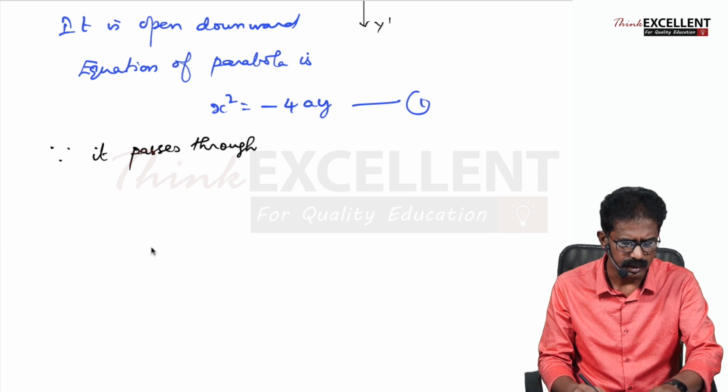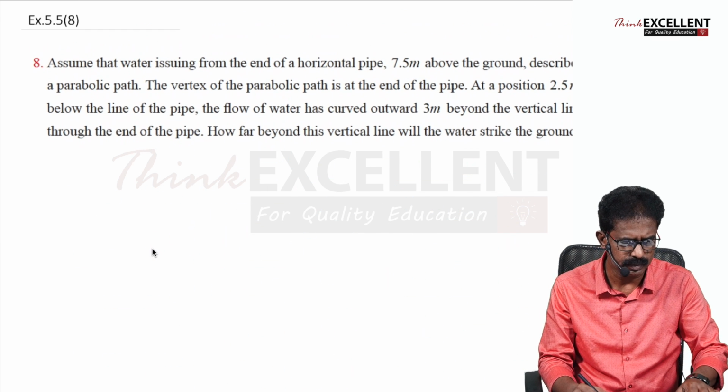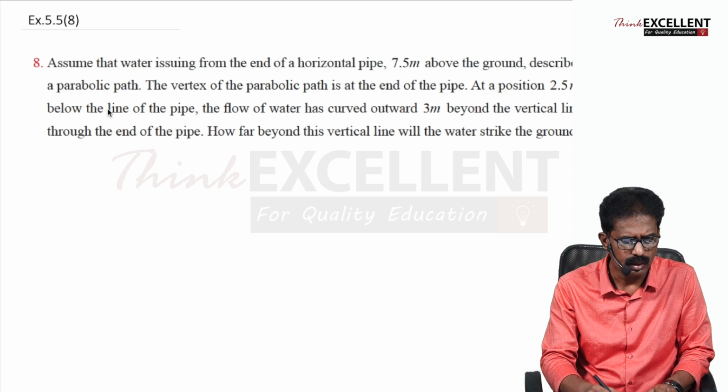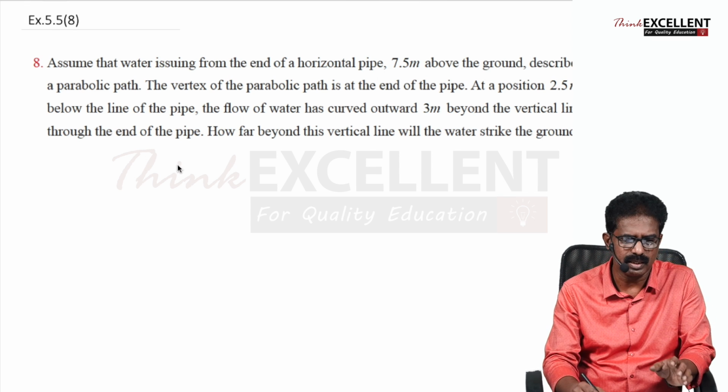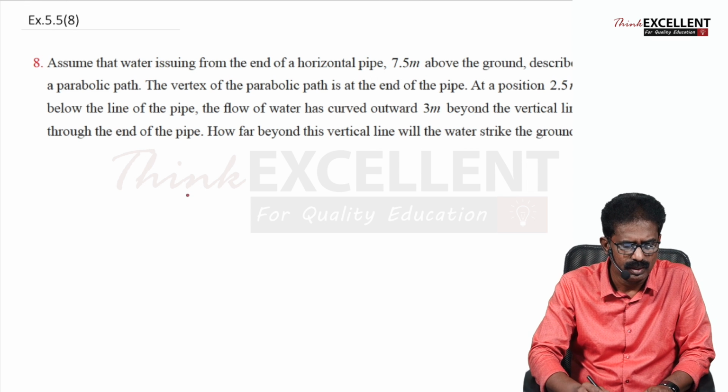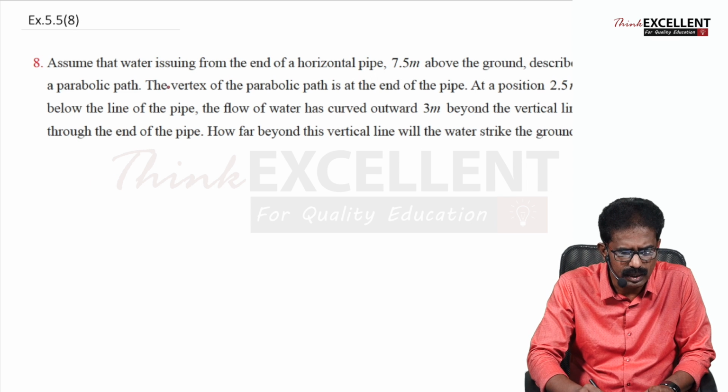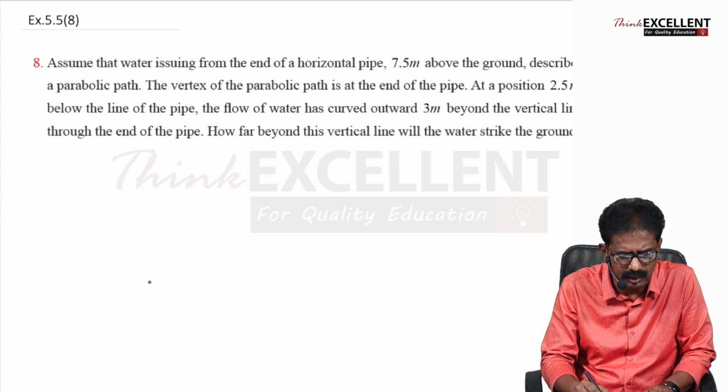Sum number 8. Okay, listen to this. Look at this question, try to understand, then I'll give the actual diagram. Okay. So assume that water is issuing from the end of a horizontal pipe 7.5 meter above the ground. See, I'll give a rough diagram first.